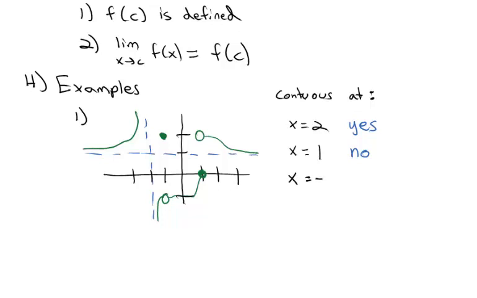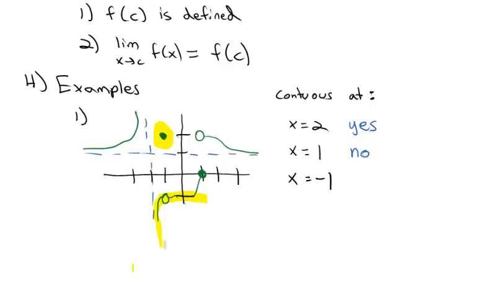Let's back up to x equals -1. Notice at -1, the point, the value, is up high at 2. However, the limit, where the graph is getting close, is down here. Notice the limit is at a different point than the value.